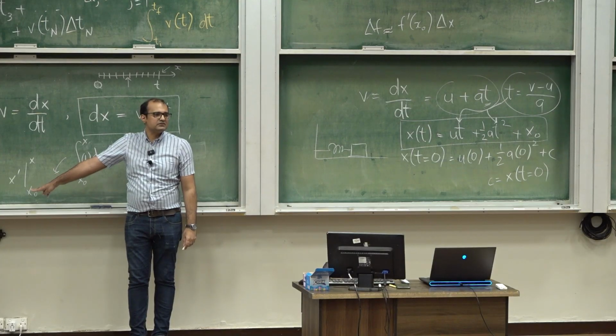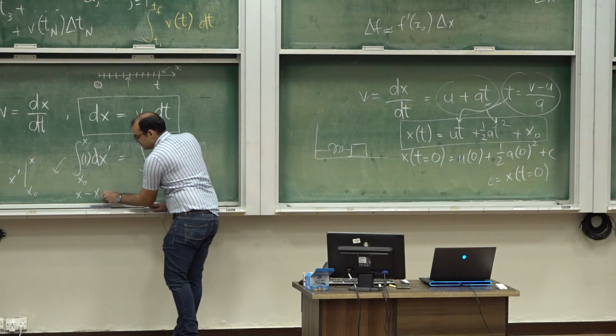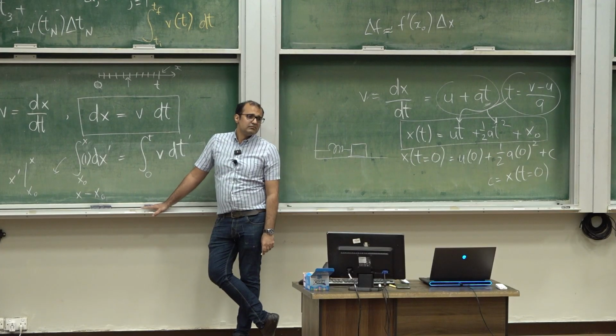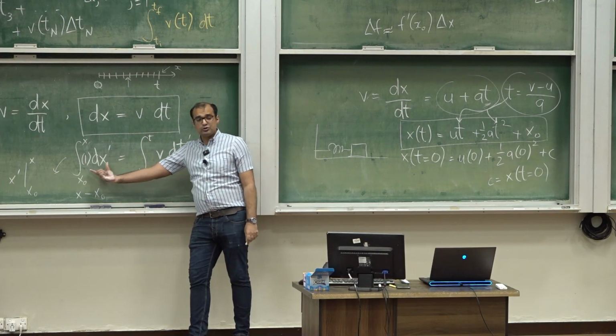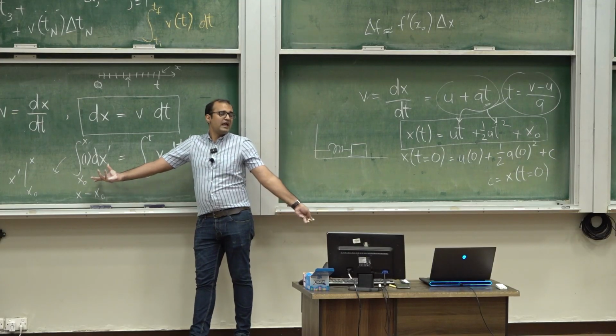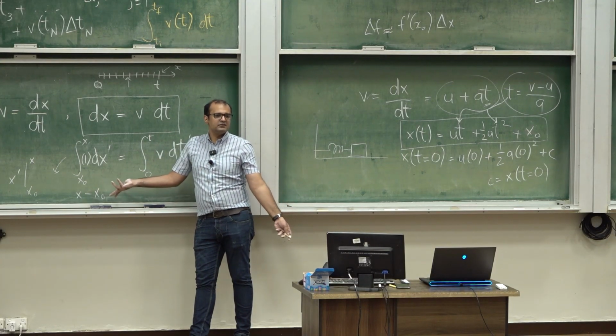x minus x naught, right? So the left hand side is x minus x naught, but you should have been able to write that down straight away. This is the sum of the total of the small changes in x. What will that be? Total change in x, x minus x naught.